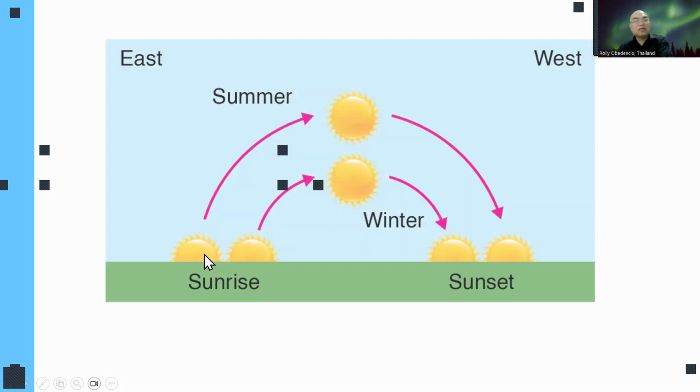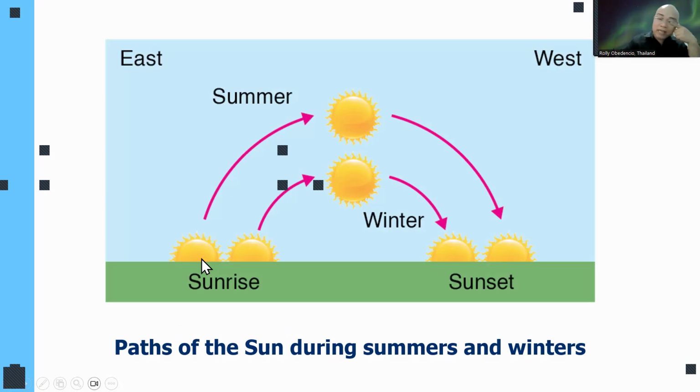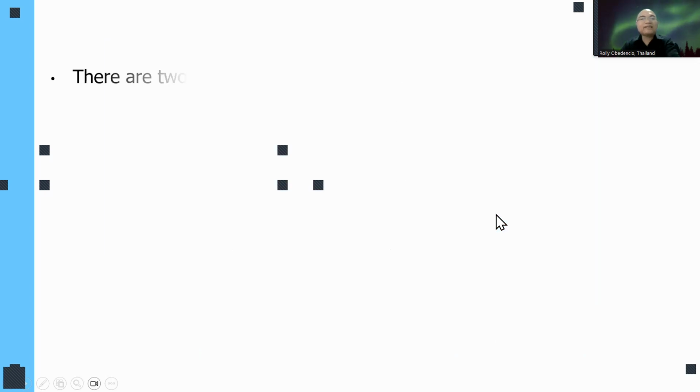Remember that. And so, look at this path of the sun during summers and winters. The sun always shines from east to west. During winter time, the path of the sun is shorter. During summertime, the path of the sun is longer. All right? Do you understand that?